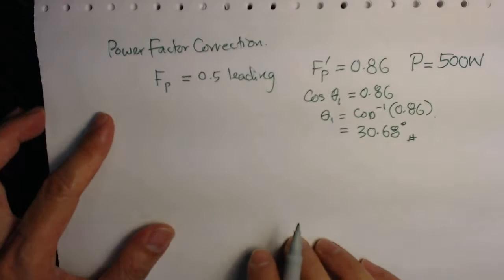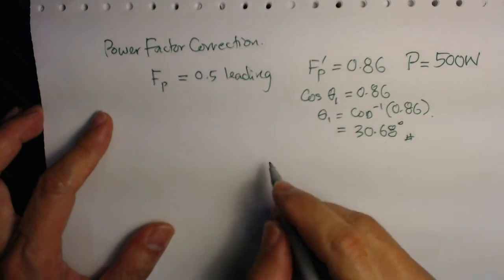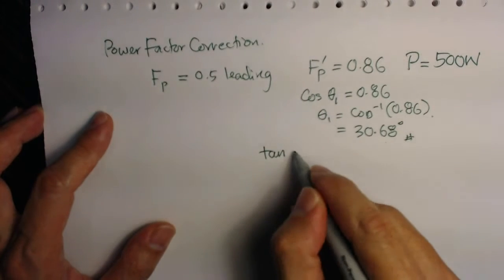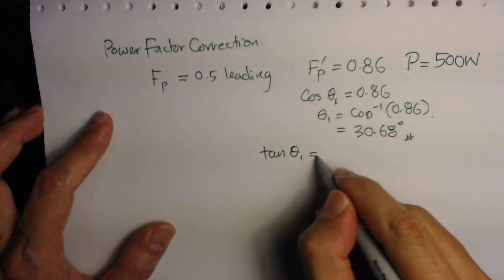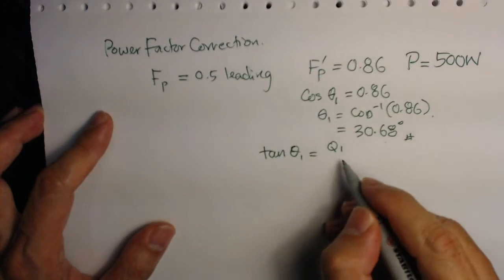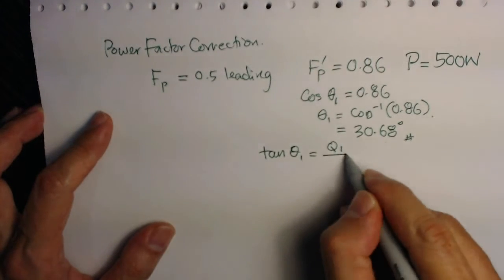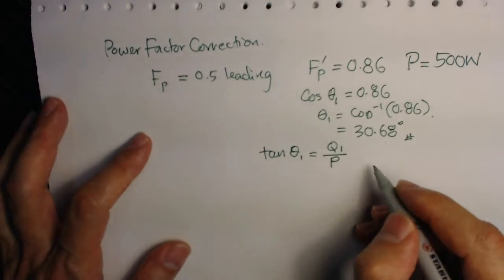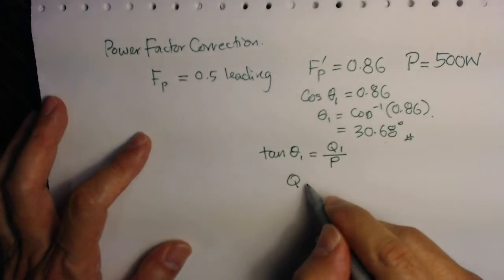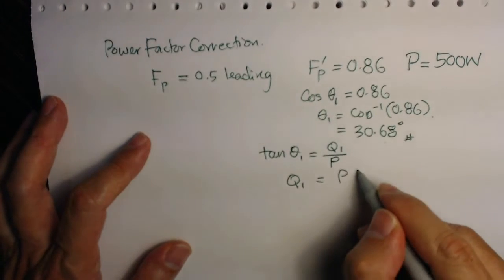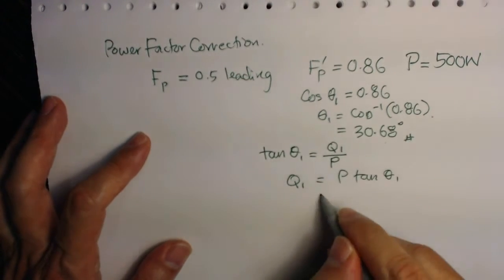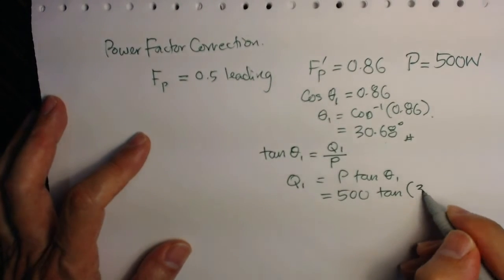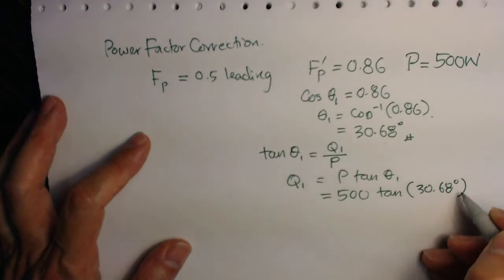And the new relationship means that the tangent of this angle, tangent theta 1, is the new reactive power divided by the real power. So the new reactive power Q1 is equal to P tangent of theta 1, which means 500 times tangent of the angle, which is 30.68 degrees.